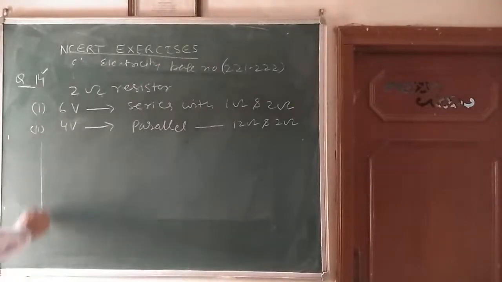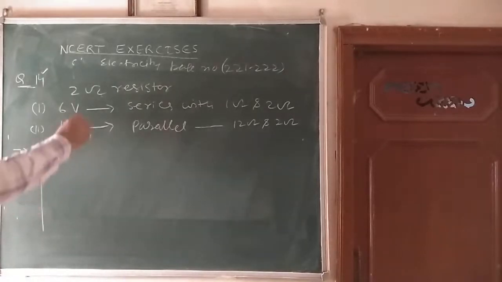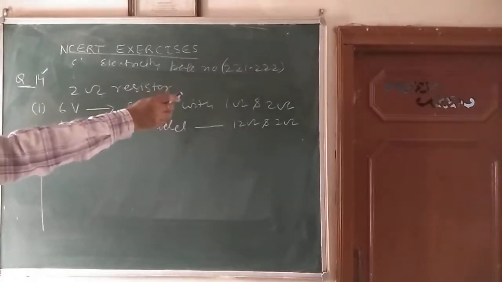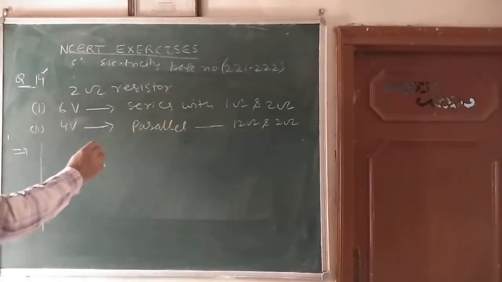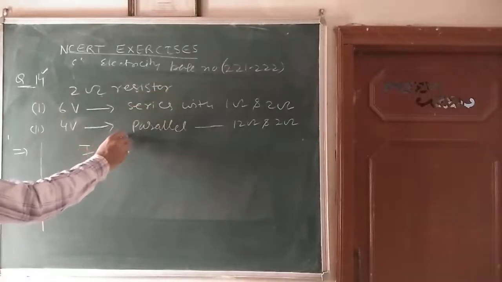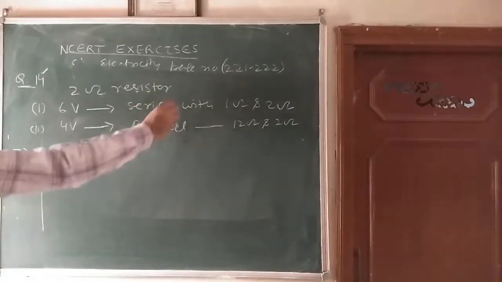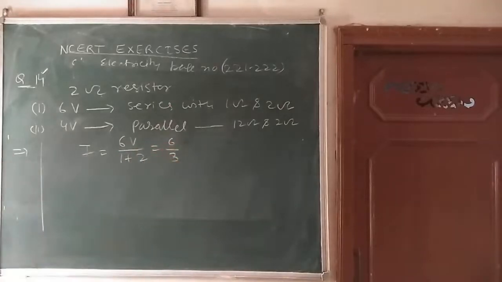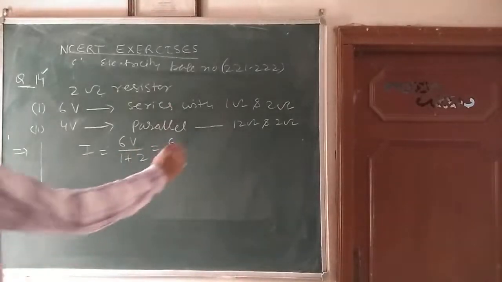Then what do we do? See, first case, when the 6 volt battery is in series with 1 ohm and 2 ohm resistors, then current in the circuit would be I equal to V upon R. Both are in series combination, so 1 plus 2, so 6 by 3, that is 2 ampere.